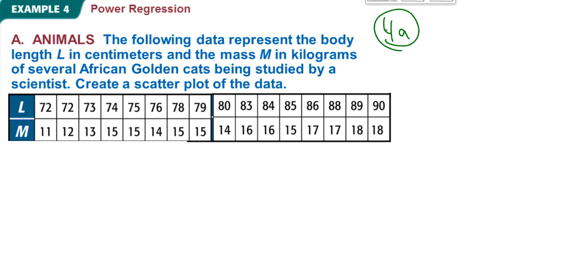It says the following data represent the body length L in centimeters and mass M in kilograms of several African golden cats being studied by a scientist. Create a scatter plot of the data. So this is X, this is Y, and you're going to create a scatter plot. Please write this down because you're also going to put it in your calculator.